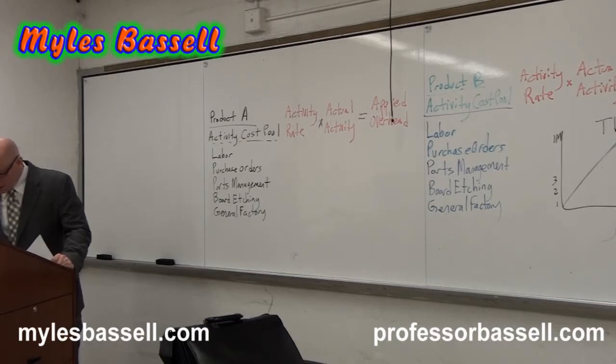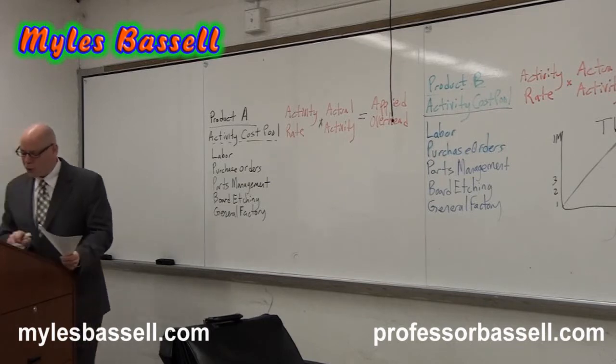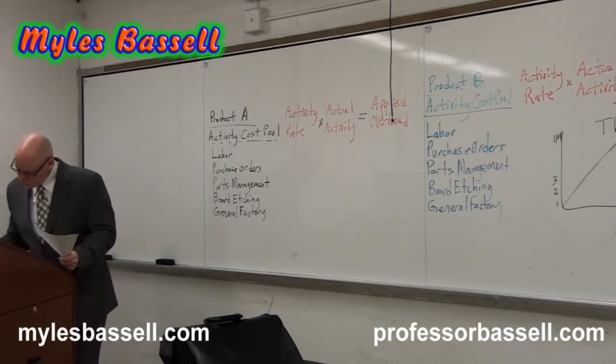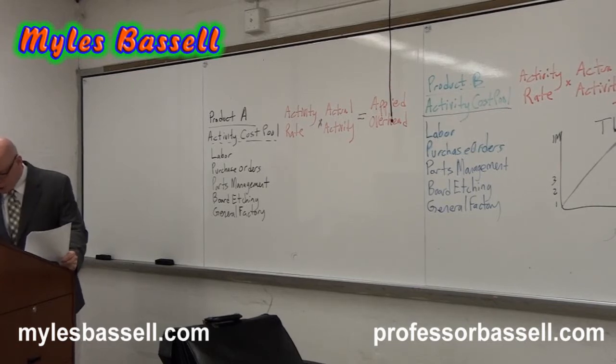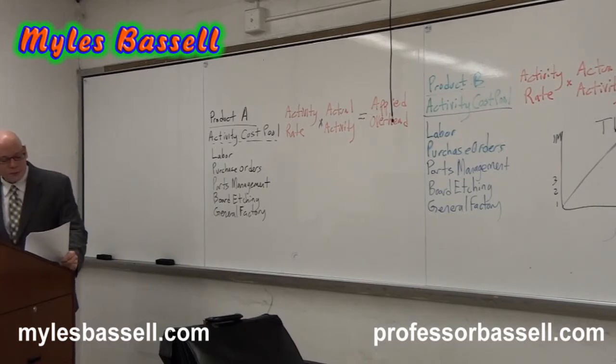All right, so Sylvan Company is a company that makes 4 different products. And what we're trying to figure out is how do we assign the overhead to the products. So they give us some of the information. What do they give us? They give us the actual activity.